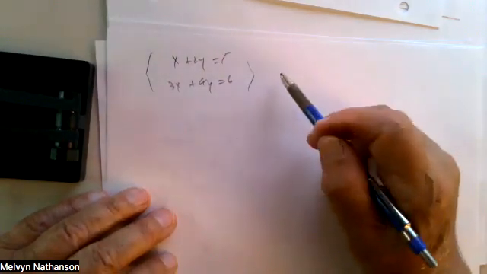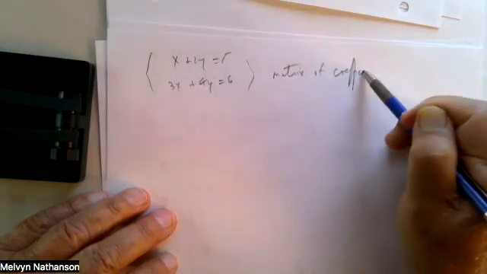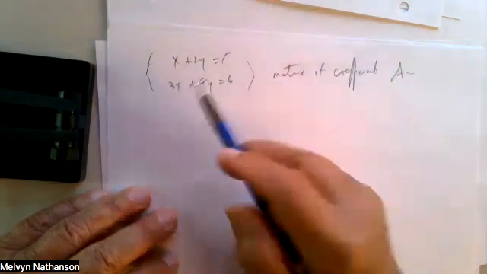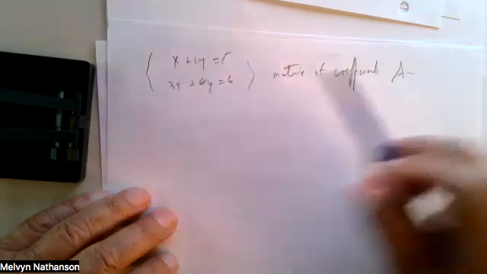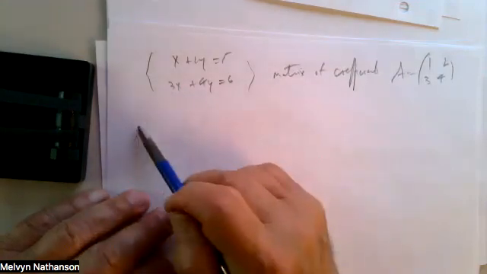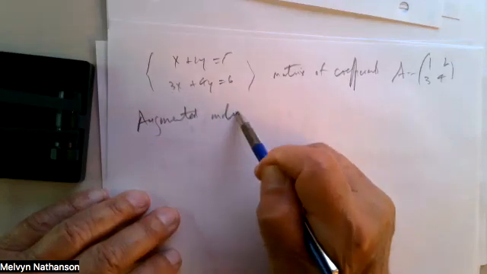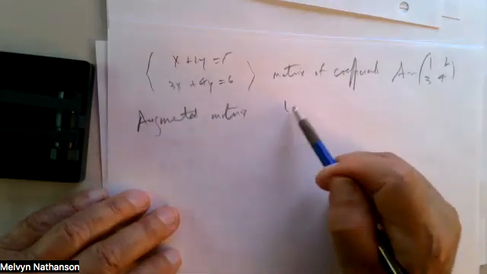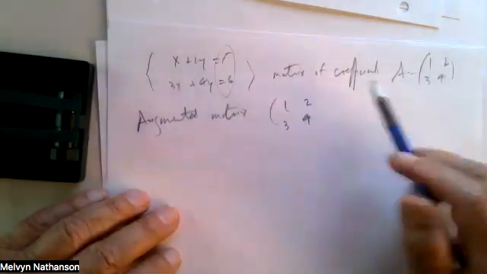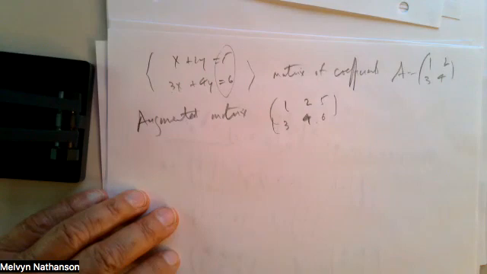Associated with this is the matrix of coefficients of these equations. You look at the x's and the y's, the coefficients are 1, 2, 3, 4. So that's the coefficient matrix. But for the augmented matrix, you take this matrix and augment it by adding the right-hand side as a new column. So this is the augmented matrix of the system.